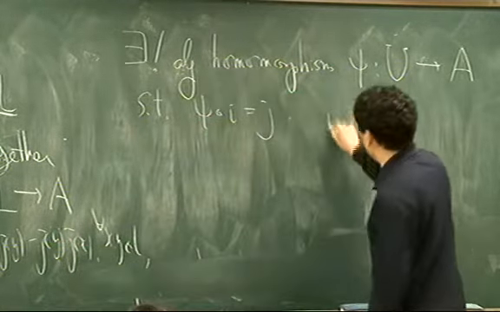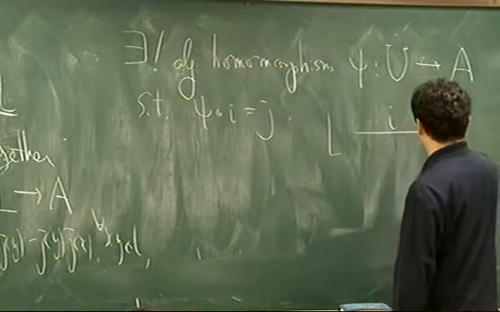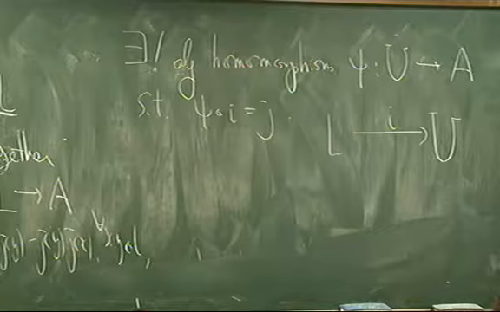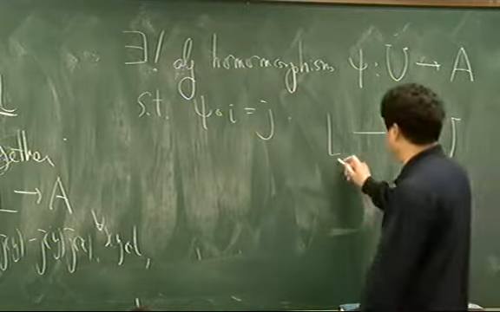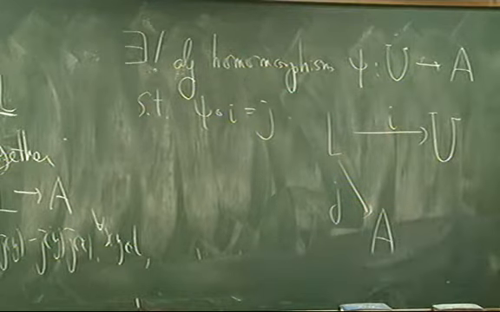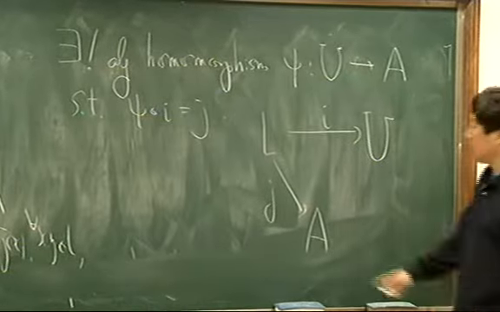So here on L, we have the linear map i, which preserves the bracket. Then suppose we have another linear map j from L to an associative algebra A, which preserves the bracket.